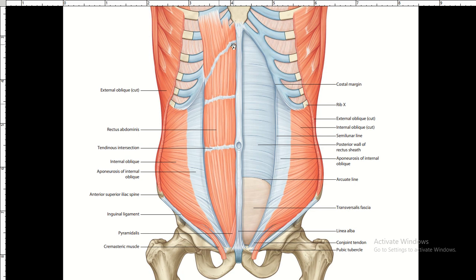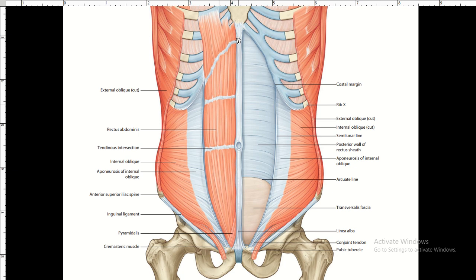The rectus abdominis muscle, you can see, is divided into pecs by tendinous intersections. You have three tendinous intersections or more.